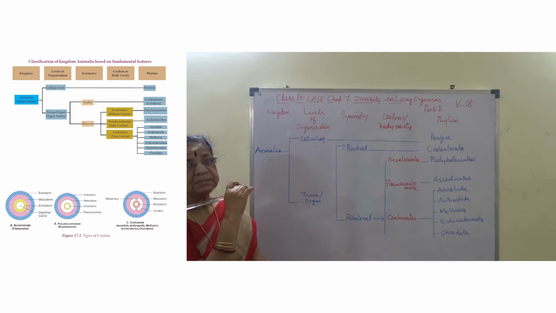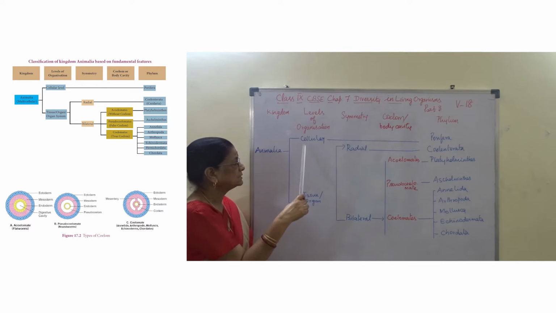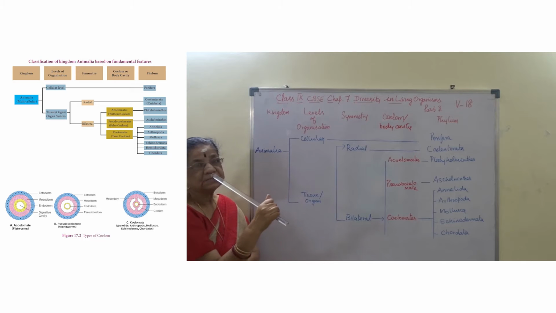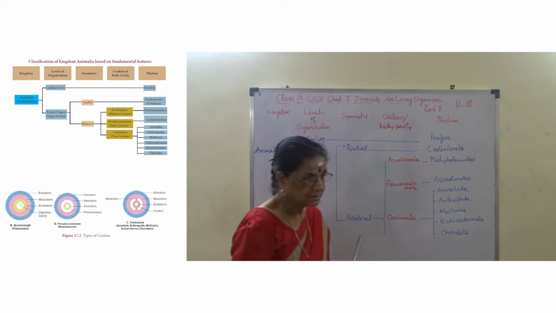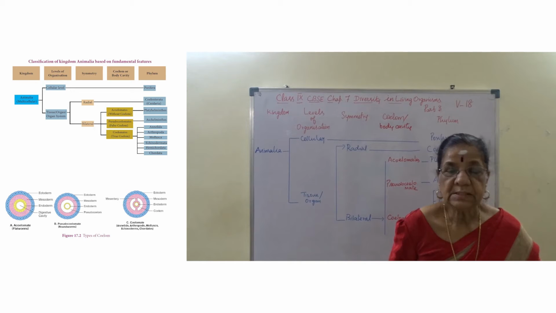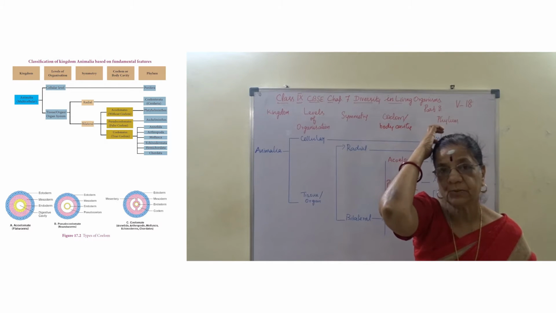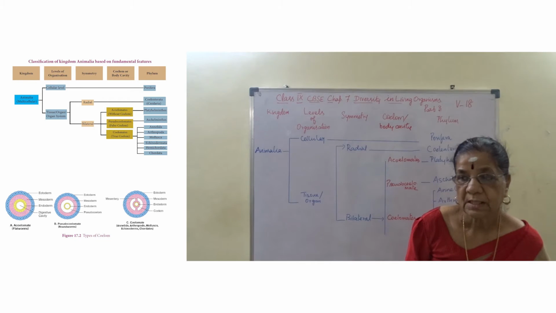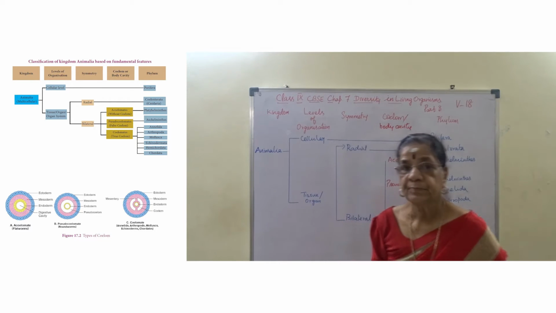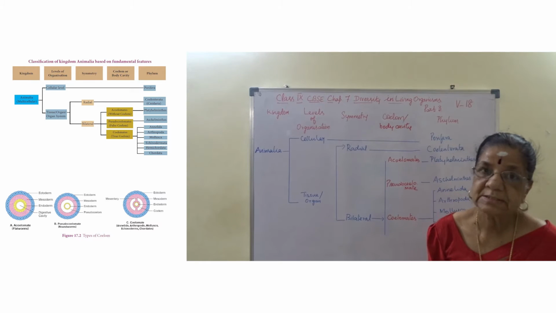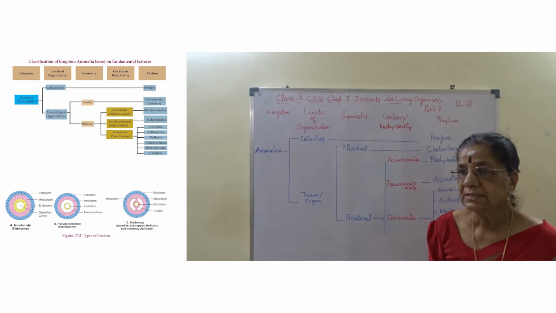Then these animals are classified by cellular organization or levels of organization, unicellular and multicellular. Unicellular animals, formed of a single cell, are classified as unicellular organization. As we are talking about the 5 kingdom concept, it is kingdom Animalia starting with phylum Porifera.